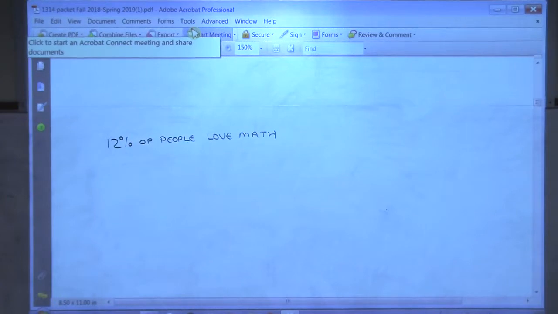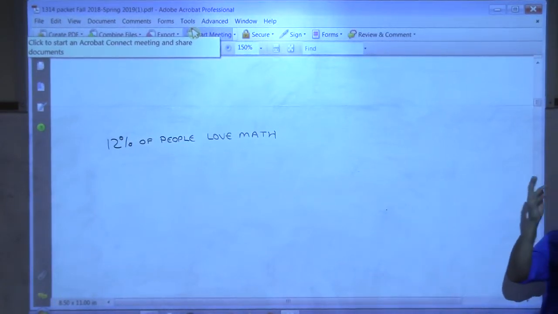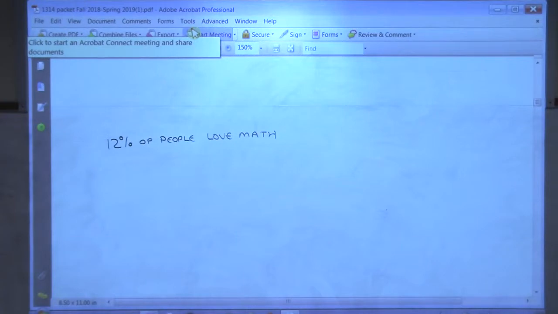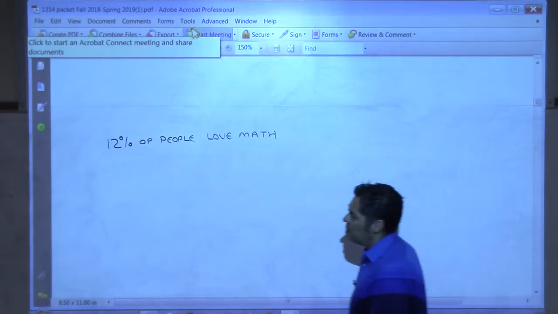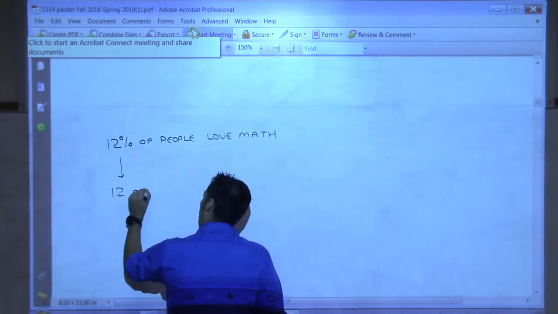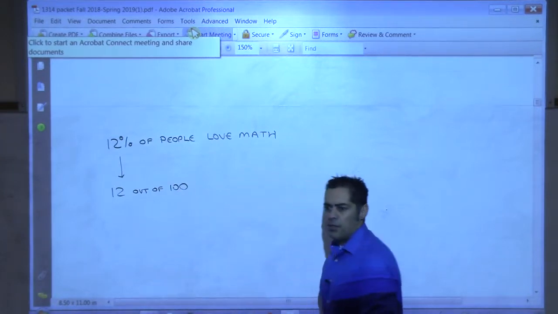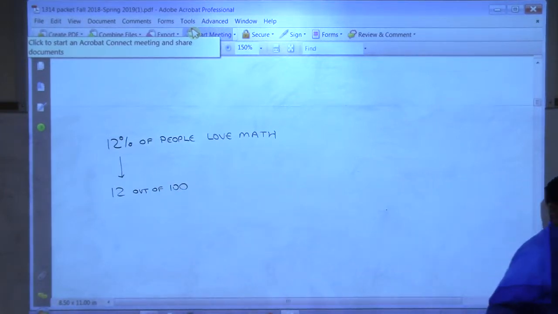When we write 12%, because we see percentages all over the place, don't we? You watch the news, they're always quoting some percentage. So what does 12% mean? Part of 100, is that what you said? Yeah, so when we write percentages, what this means is 12 out of 100. Okay, so 12 out of 100 people love math. All right, that's what that percent means.